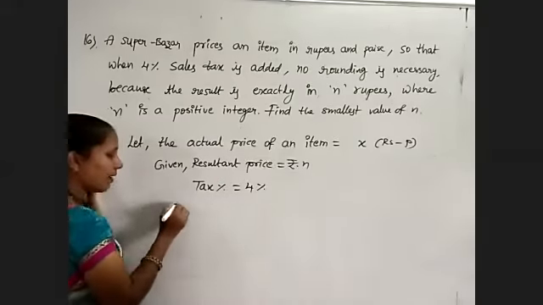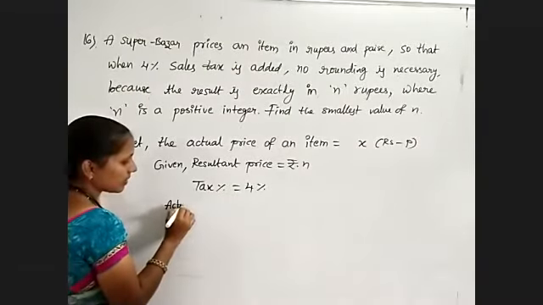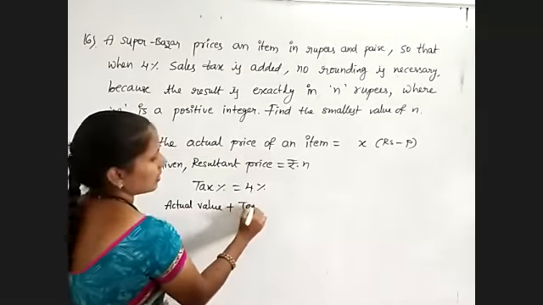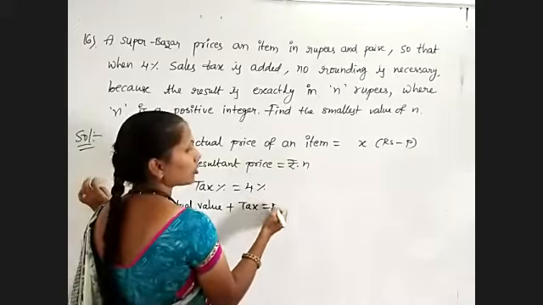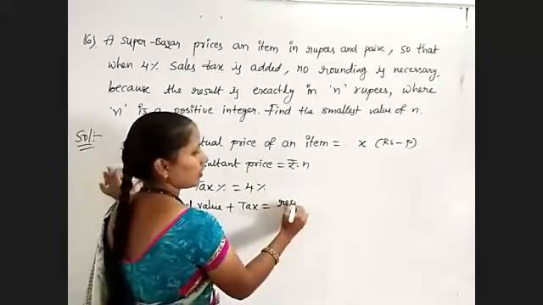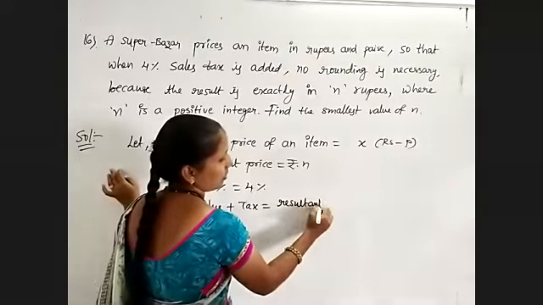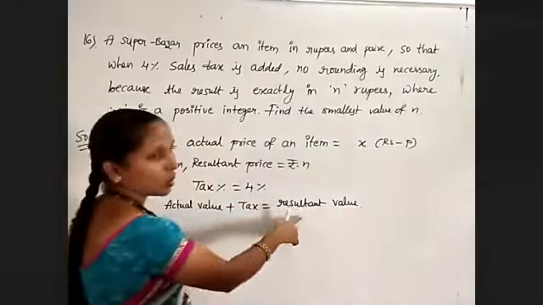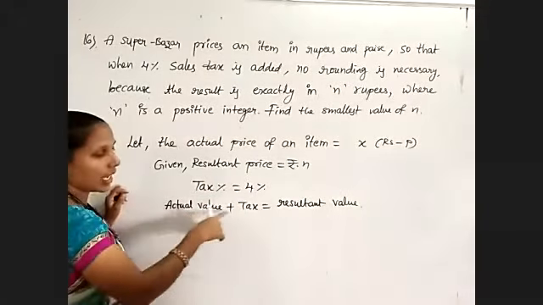So we have actual value plus tax is equal to what we need to pay, that is the resultant value. Bill amount is equal to actual amount plus tax.